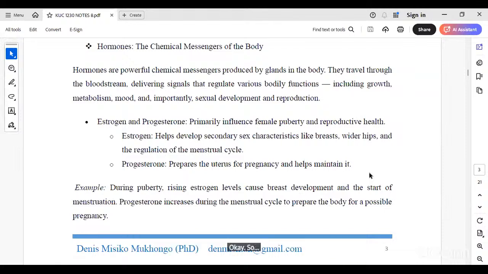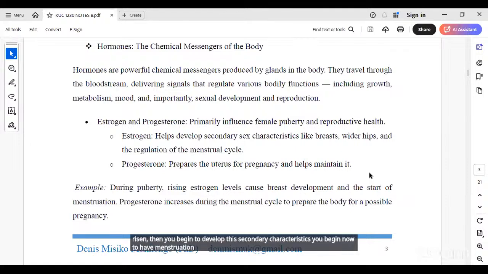So during puberty, puberty is when you've matured, you've attained reproductive maturity. There will be rising levels of estrogen. Once the levels of estrogen have risen, then you begin to develop these secondary characteristics. You begin now to have menstruation.